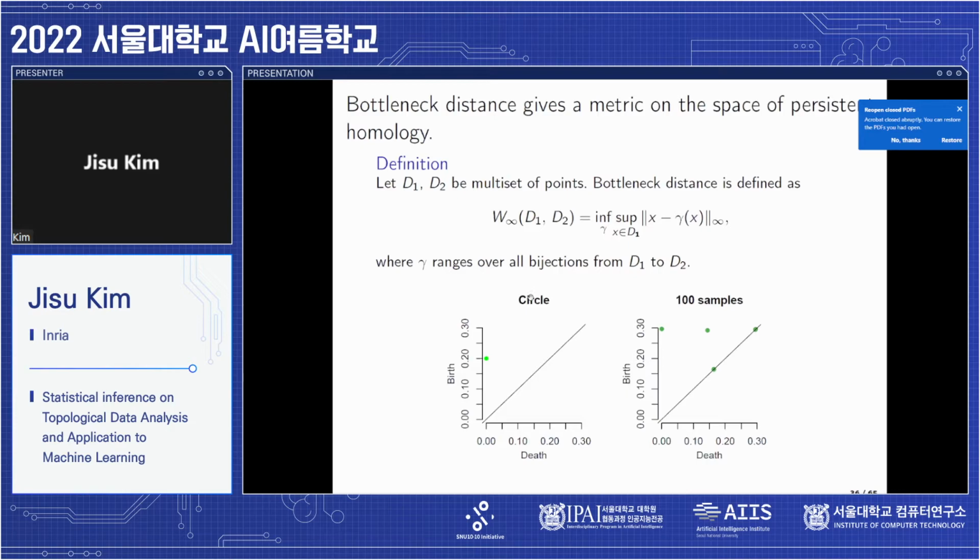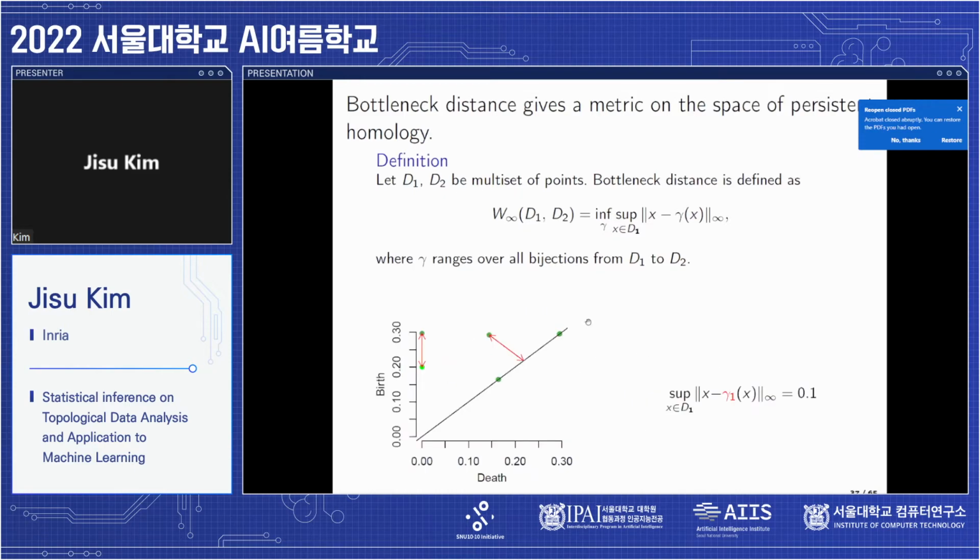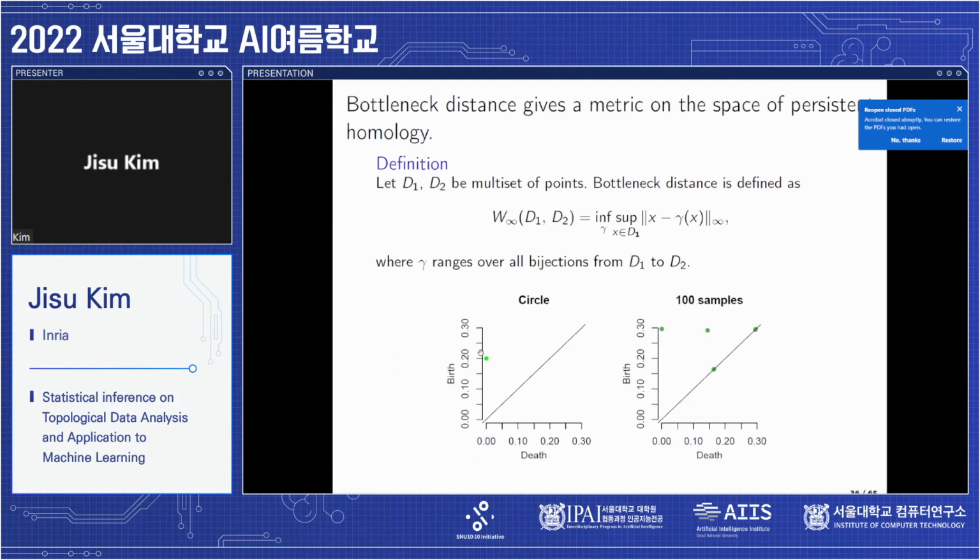So how we do that is that we have two persistent homologies here, and we also think that there are infinitely many points on the diagonals as well. Then we do some matching. Here, the gamma corresponds to a matching between the two persistent homologies.